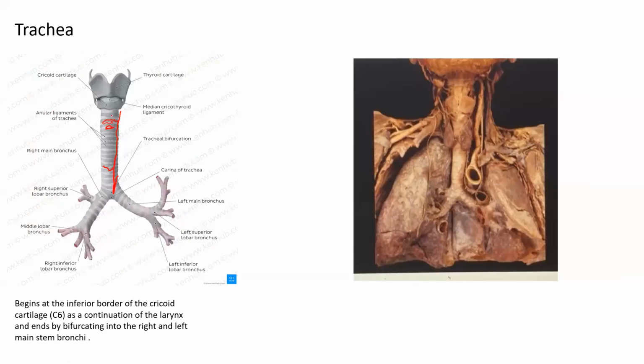These are annular rings of hyaline cartilage that support the trachea and prevent it from collapsing.